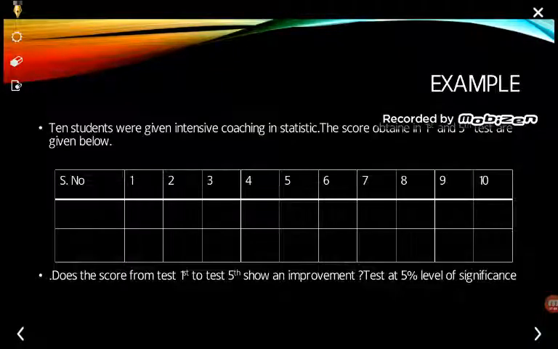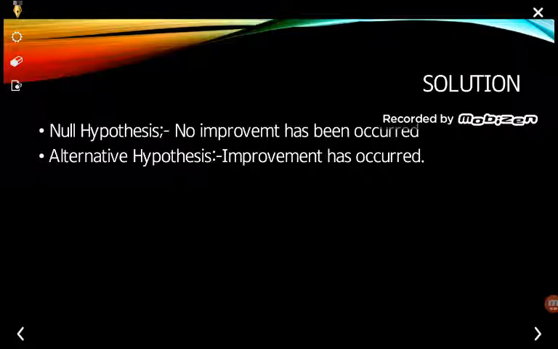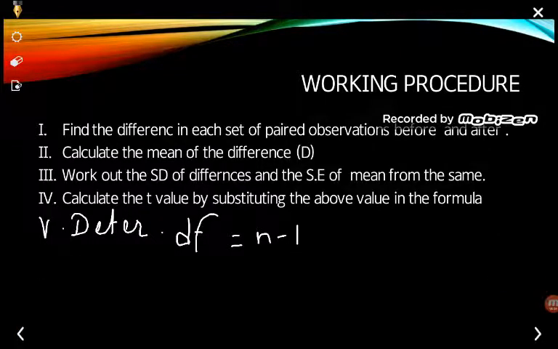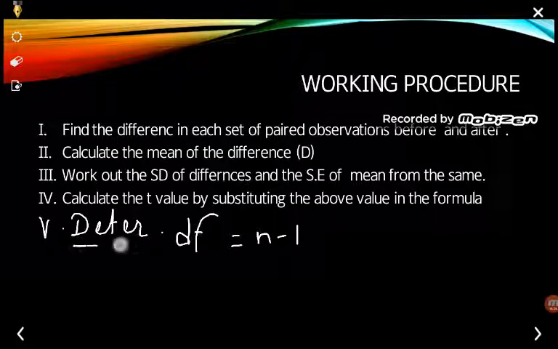Next, this was regarding the fourth point. Now coming to the fifth point, the fifth step is determination of the degree of freedom, and the degree of freedom should be n minus 1. Here we know that the sample is the same. That's why, being one and the same sample, the degree of freedom is n minus 1.